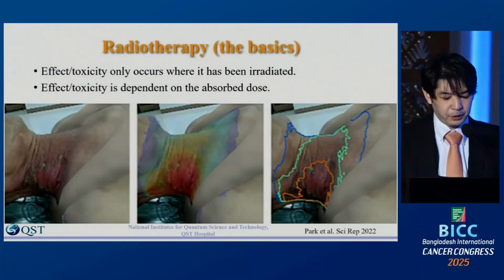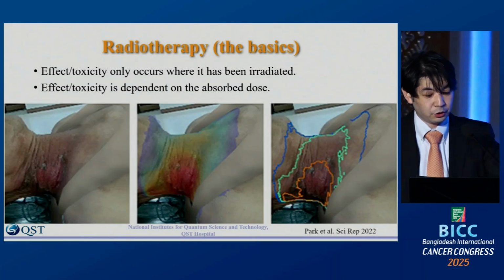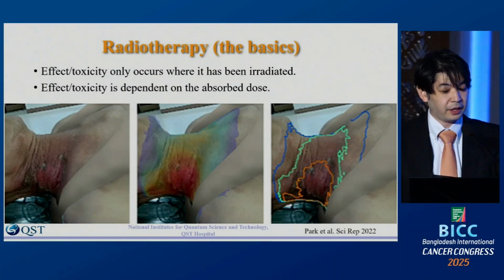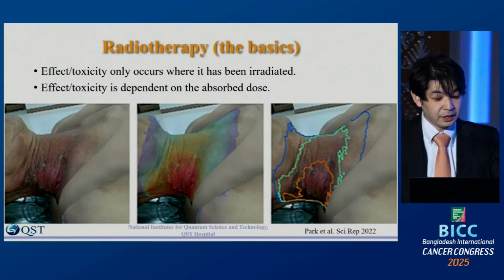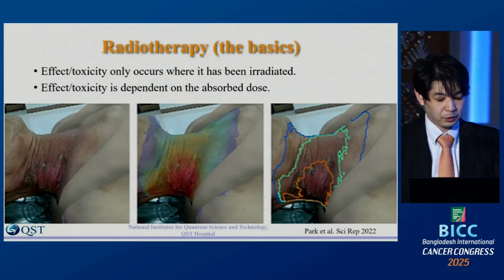So, radiotherapy 101: effect and toxicity only occur where it has been irradiated, and effect and toxicity are dependent on the absorbed dose. This is a figure I like to use.